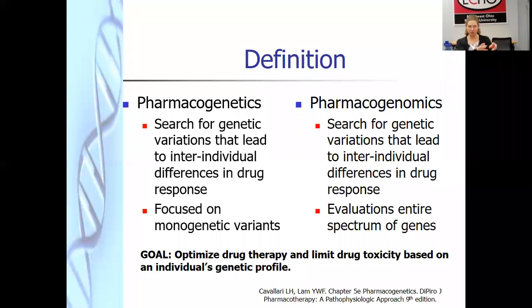Pharmacogenetics is also looking for those variations that'll lead to a different drug response, but it's only looking at one particular gene. So it seems like not much of a difference, one gene versus the whole genome, but it can make a tremendous difference. Most of the things that we're going to talk about today are going to fall under the pharmacogenetic differences, so looking at one particular gene.